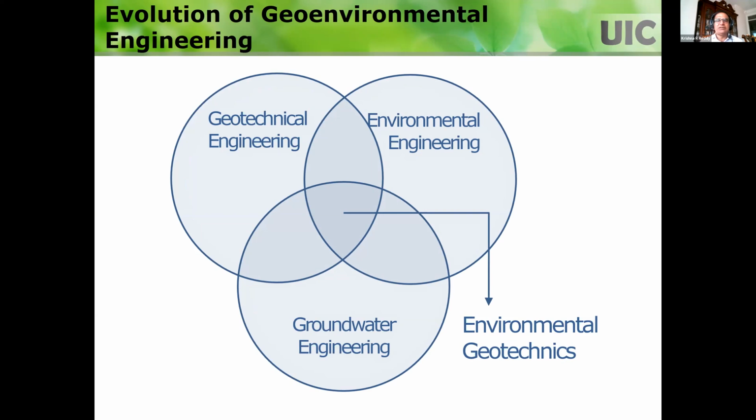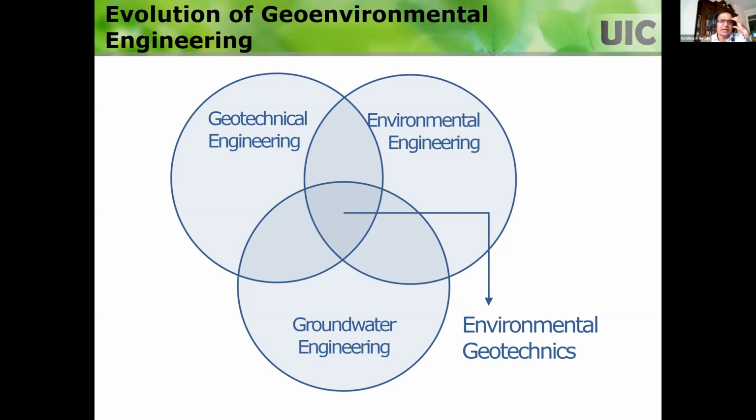So the geoenvironmental problems that I mentioned were neglected by these environmental engineers, geotechnical engineers, and groundwater engineers. Addressing those problems became geoenvironmental engineering. In the beginning, it was called environmental geotechniques, but there is a difference between environmental geotechniques and geoenvironmental engineering. I will mention that in a second. But this is how the geoenvironmental engineering field evolved.